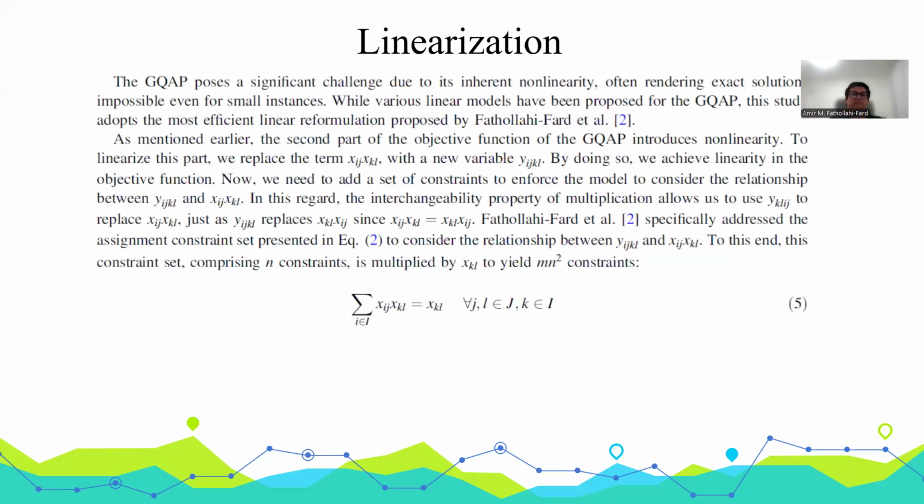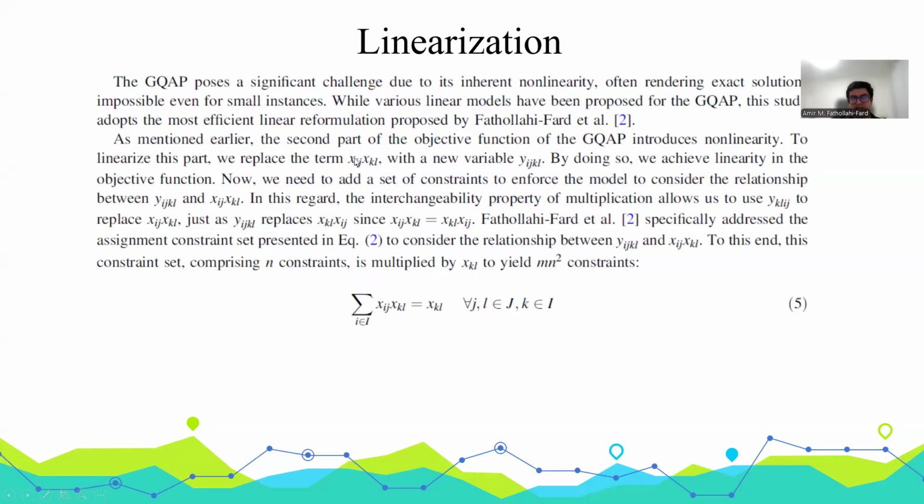To make this optimization model linear, there are many ways. Here we follow the most efficient one, which was taken from the base papers that I showed to you. Consider that we can define a new variable called yijkl, which represents the multiplication of two variables.